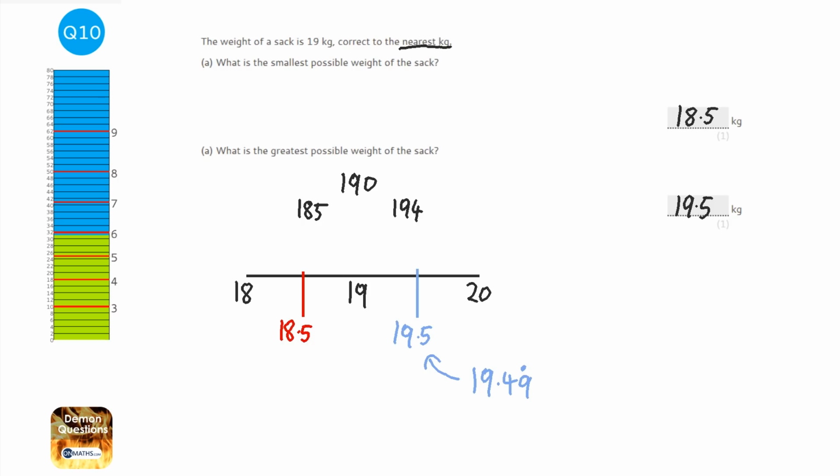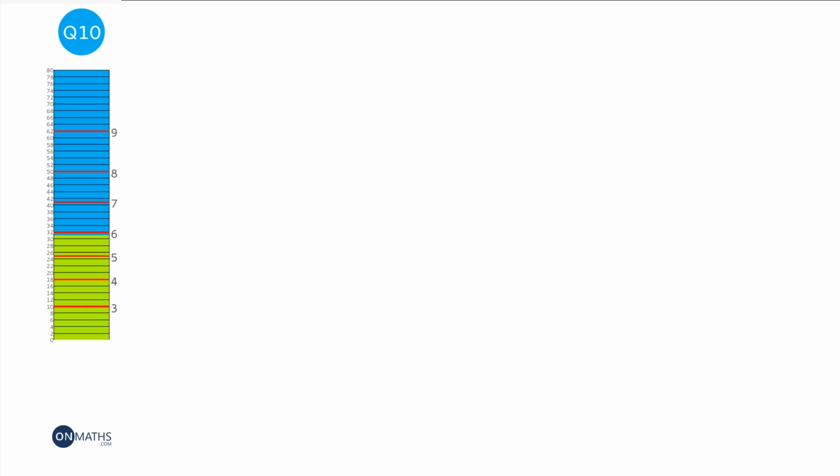So just be wary of that if you're working in discrete calculations, so things that can't be 0.00001 or something, then you do a 4 at the end of it for the maximum. But if you're working with heights, weights, things like that, then 19.5 for this one is absolutely correct.